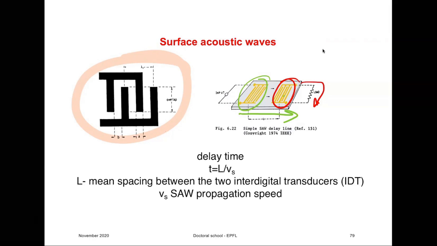And these piezoelectric delay lines via surface acoustic waves are very good for that. So this is widely used in communications, in mobile telephones, and so on. And the delay time is given by a ratio between the distance between interdigital electrodes and the surface acoustic wave velocity. Surface acoustic wave velocity is different than the bulk wave velocity.